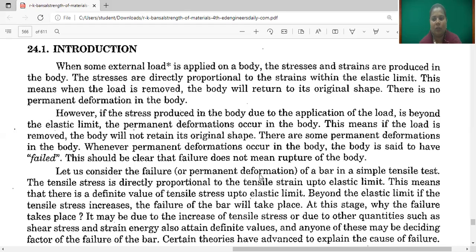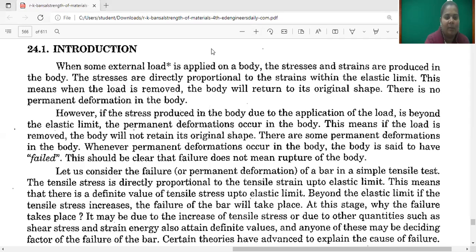There is no permanent deformation in the body.